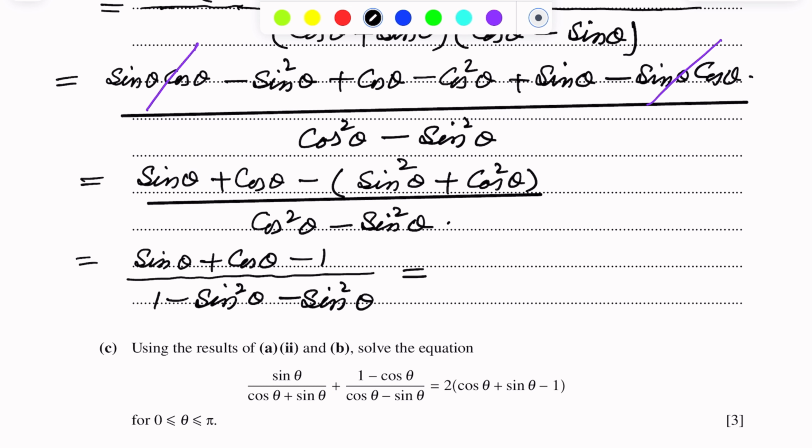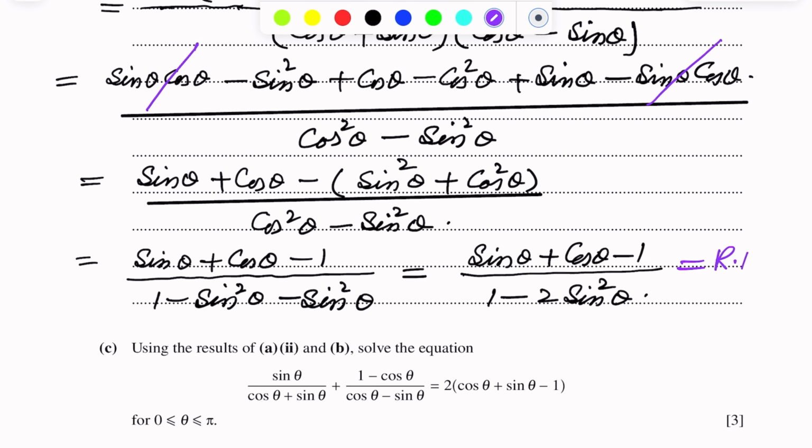Finally we get sin theta plus cos theta minus 1 over 1 minus 2 sin square theta, that is equal to right hand side.